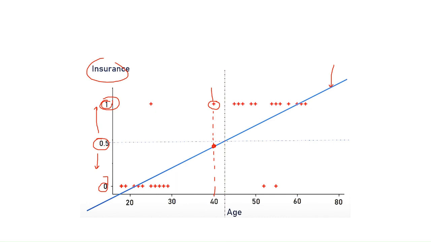This value is below 0.5, so that means it belongs to class 0. So this is actually wrong. This data point should be class 1, but it is classified as class 0. So this is the problem if we use linear regression for classification.